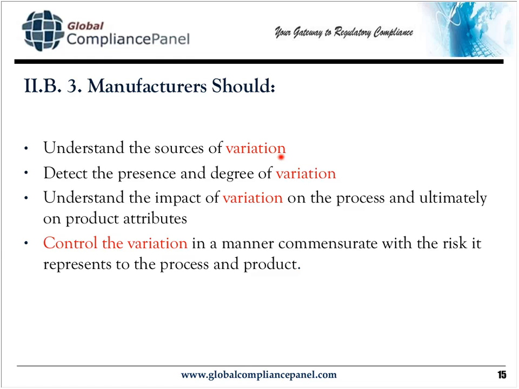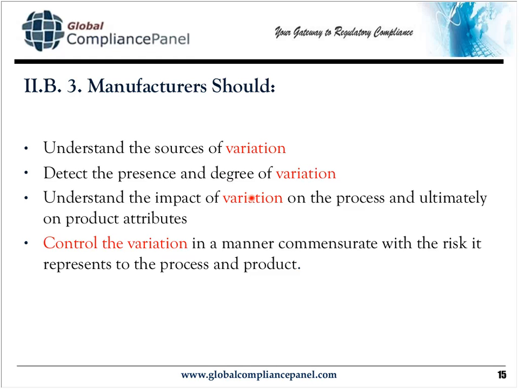You calculate things, you run your process, and you measure your different parameters and output at different stages, and you look at the variation in those stages. And this allows you to understand where you are getting variation in your process, how you detect the variation, what's the impact of the variation in the process.